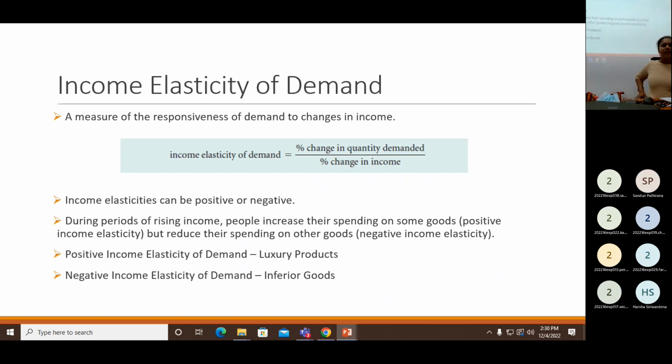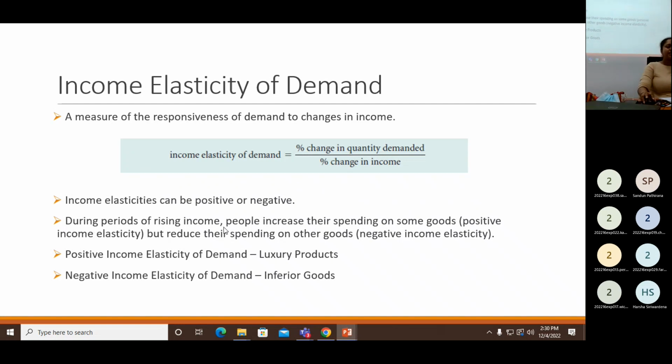Usually income elasticity of demand will be positive. If your income increases, you demand more. If your income decreases, you demand less. That's the usual scenario. But income elasticity of demand can have a negative value as well.